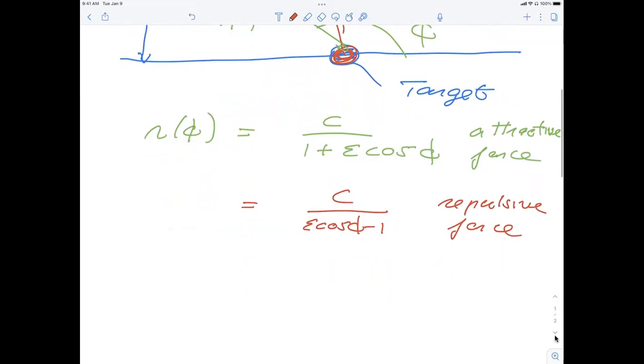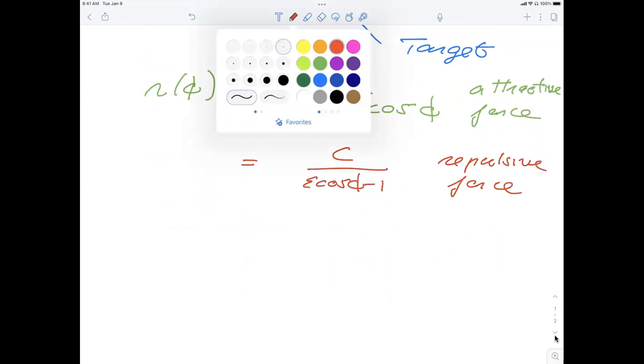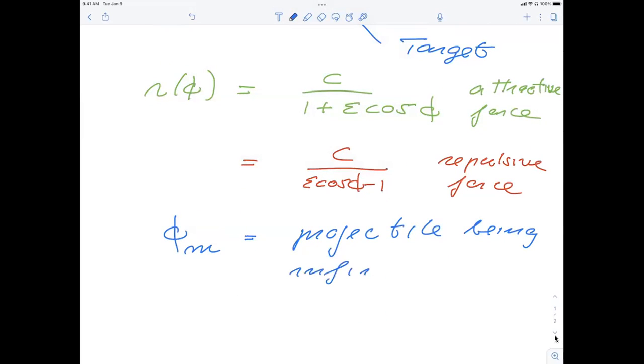Now, what we would define then is a new angle, this angle phi of m, which is simply defined as the projectile being infinitely far away from the target.